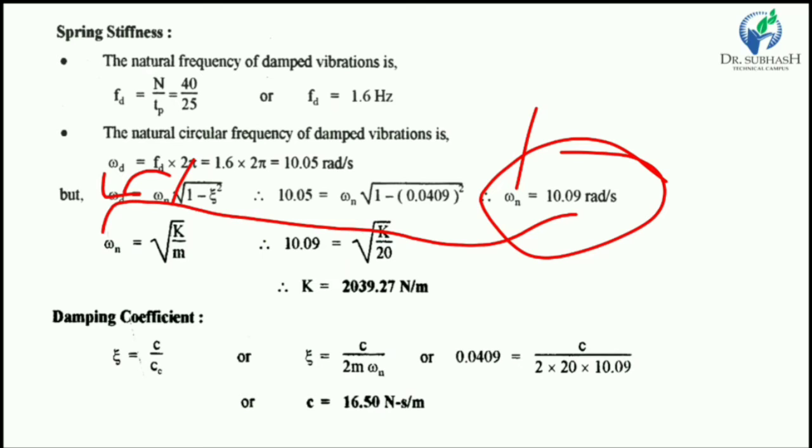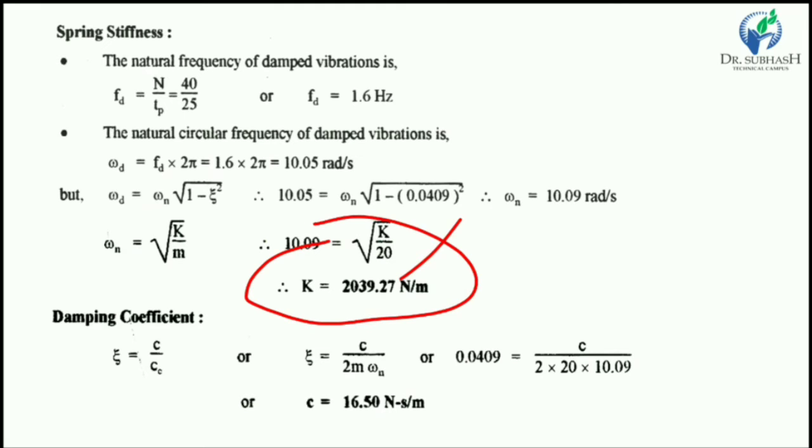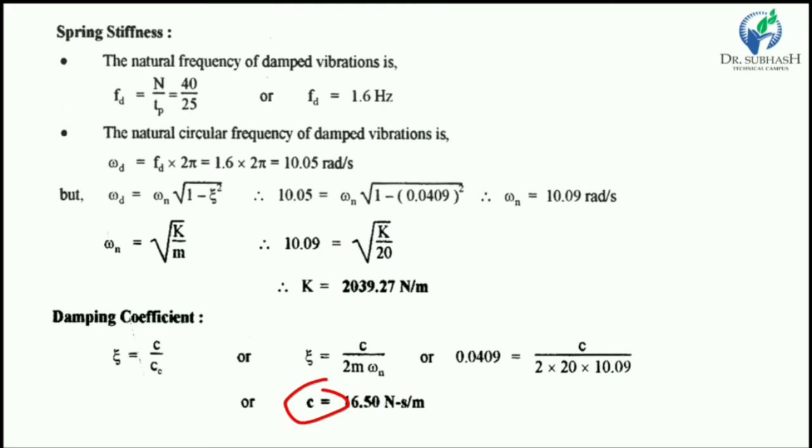This value of omega n is put in this equation, and finally we get the value of stiffness k, which is 2039.27 Newton per meter.